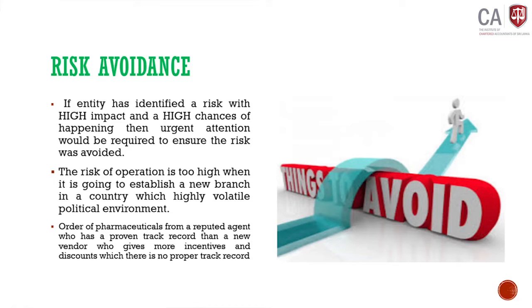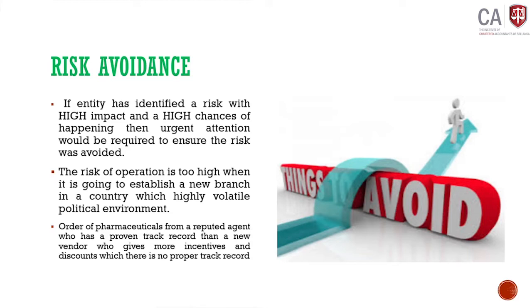Sorry. The risk of operation is too high when you are going to establish a new branch in a country with a highly volatile political environment. Now assume we are going to establish a branch in Syria. What will happen? A lot of political conflicts are there.